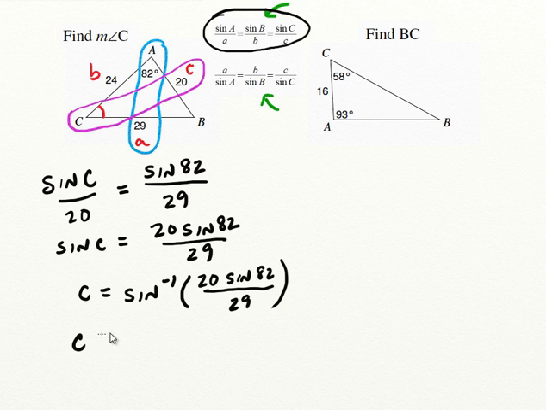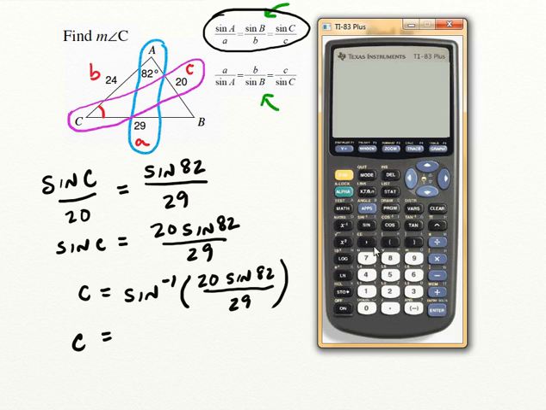All right, so entering these values into the calculator, we're going to say second function sine, and there's our inverse sine, 20 times sine of 82, divided by 29.